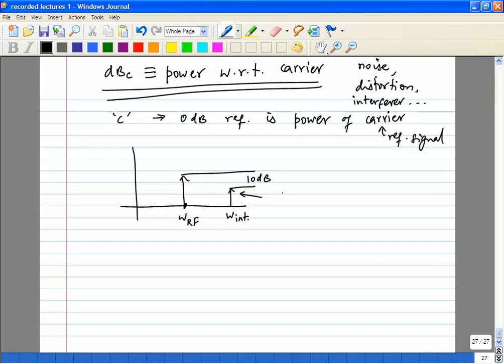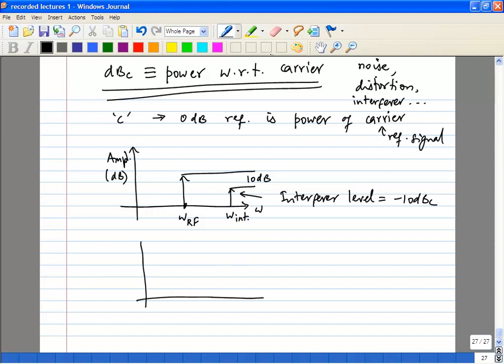You could say the interferer level is minus 10 dBc, or so let's say this is the amplitude in dB, and of course this is omega.